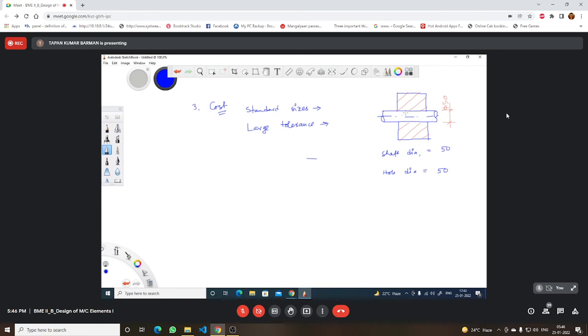Also it is called, we will define later on, fits and tolerance. So there are three types of fits. Later on we will learn what is fits, what is called clearance fit, where always there should be a clearance in the dimension. But with this 50-50 dimension, you cannot incorporate that thing.